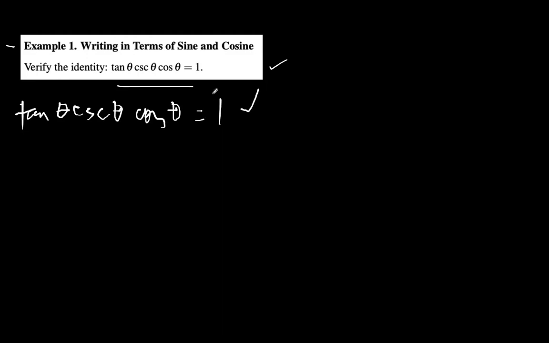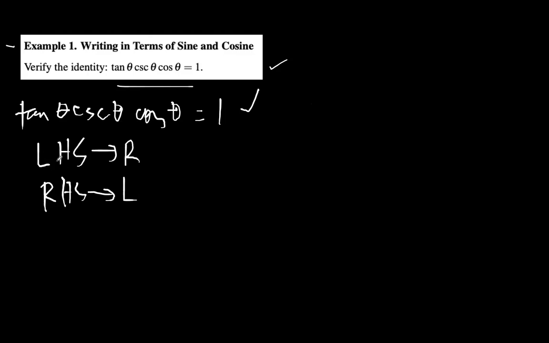Or, the other way around, you work on 1 at dapat mag-arrive ka sa tangent theta times cosecant theta times cosine theta. Di ba? So, alin mas mahirap or mas madali? Yung left-hand side to right-hand side or right-hand side to left-hand side? Sige nga. Alin mas madali class na gawin?